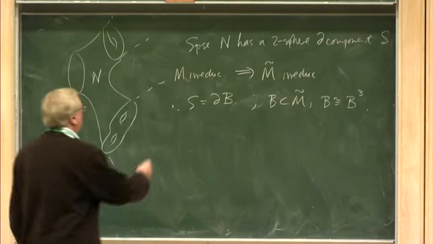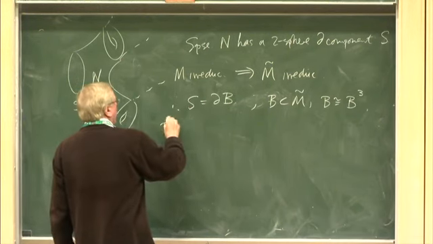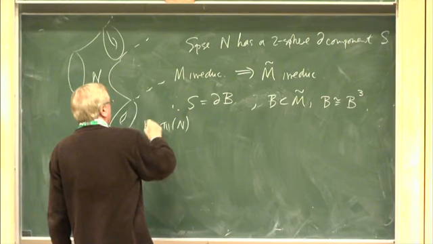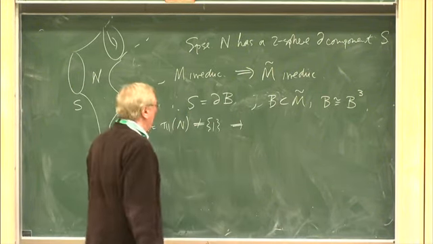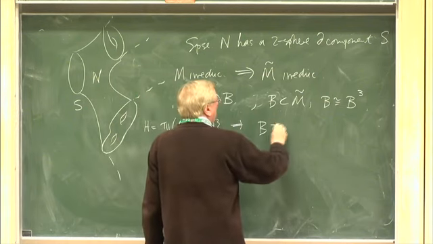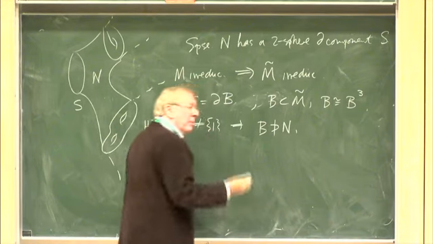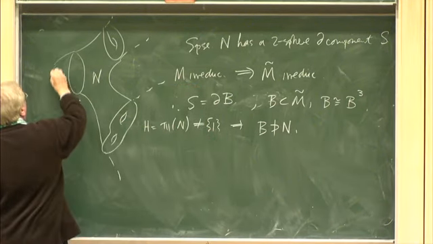So pi 1 of N, H, is not trivial, which implies B doesn't contain N. So that means that B is on the other side of N. So B is over here.